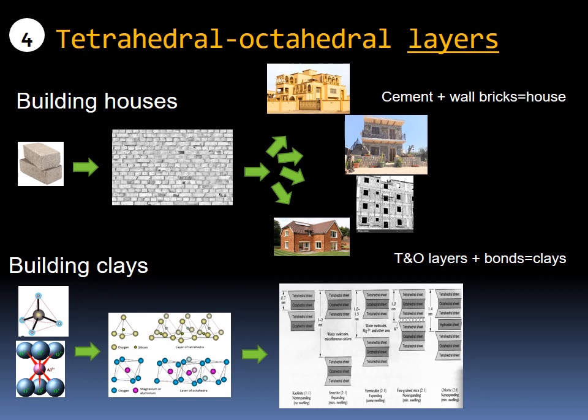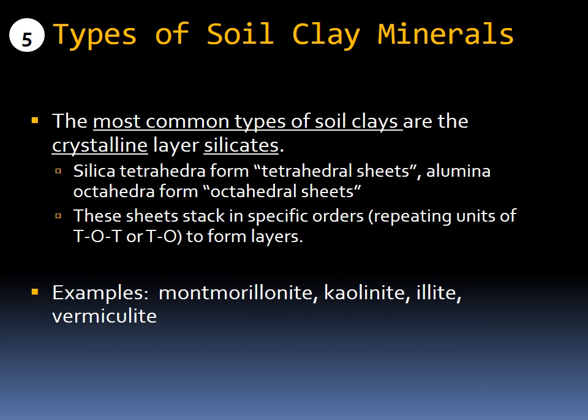You must have the tetrahedrons and the octahedrons. You must then build the tetrahedral and octahedral sheets. But what differs between them is how you arrange these tetrahedral and octahedral layers, and what exactly is between, or what binds, these layers.